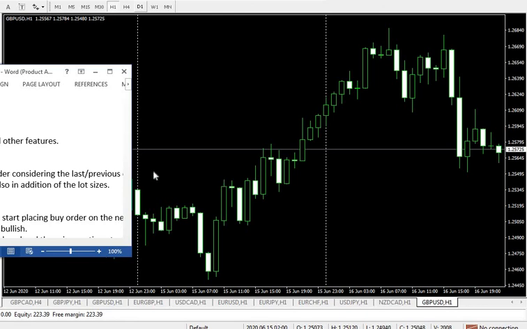What I just explained is that the EA is attached here, and the candle closed bullish. At the opening of this candle, the EA should place a buy order at this point.